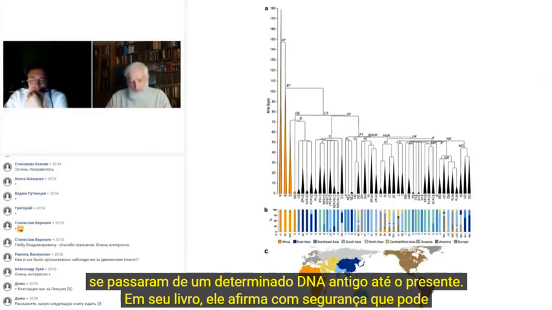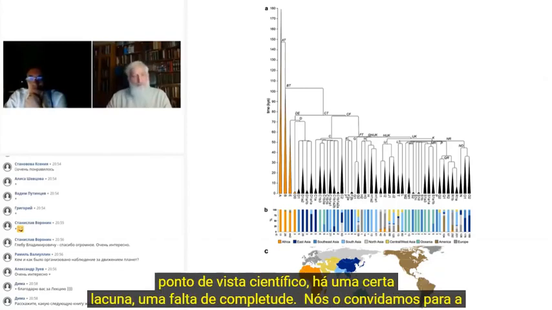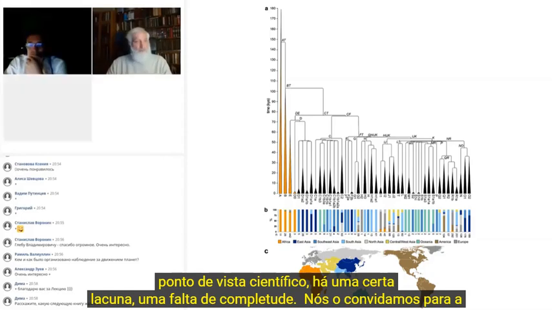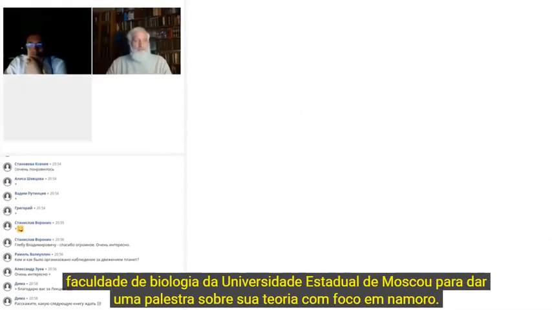In his book, he confidently claims that he can date these events. We carefully read his works and found that it's not all that simple. From a scientific point of view, there is a certain gap, a lack of completeness. We invited him to the biology faculty of Moscow State University to give a lecture on his theory with a focus on dating.